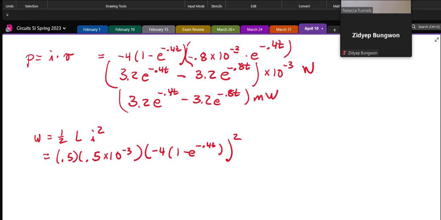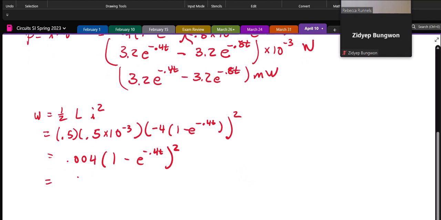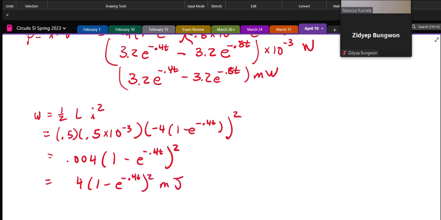Negative 4 squared is 16. 16 times 0.5 times 0.5 times 10 to the negative 3 gives me 0.004, and then 1 minus e to the minus 0.4t squared, or 4 times 1 minus e to the minus 0.4t squared millijoules. Okay, questions on that one?